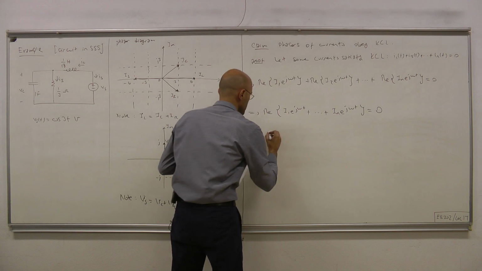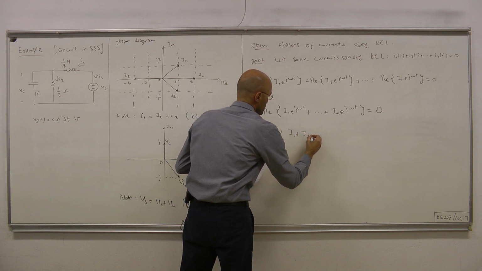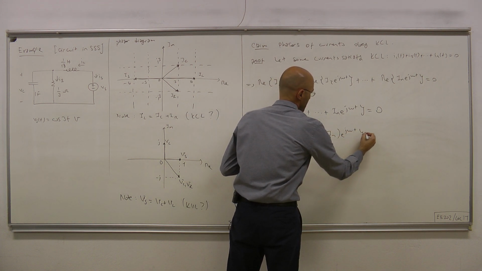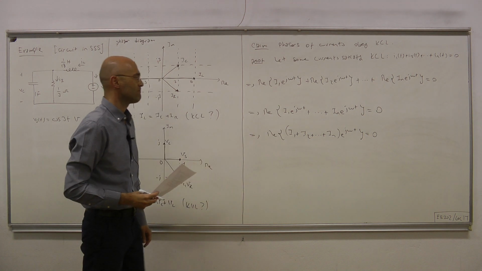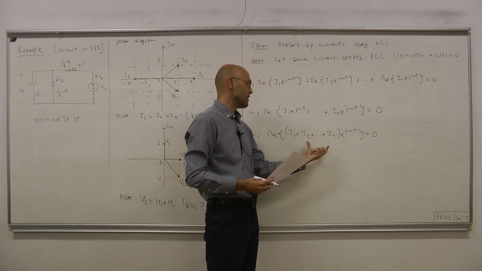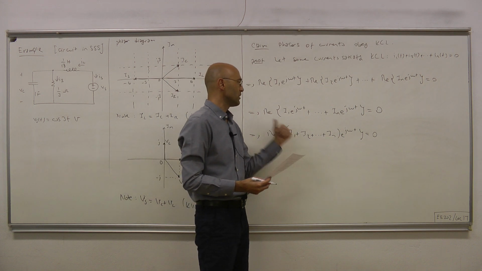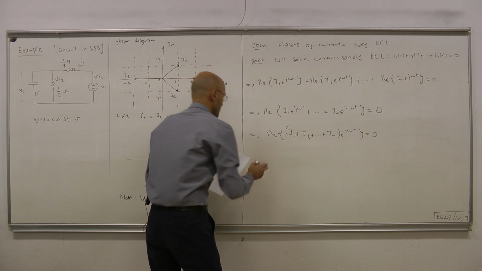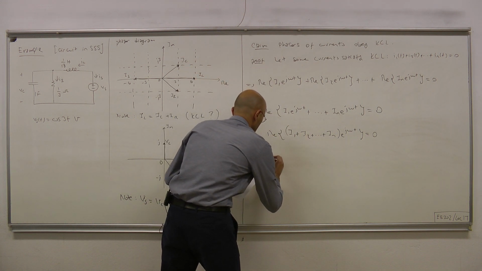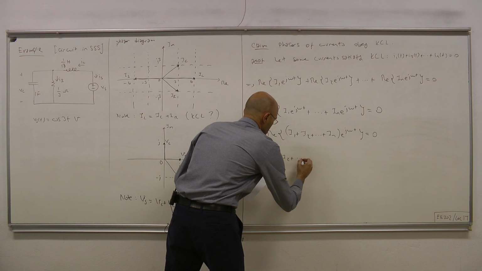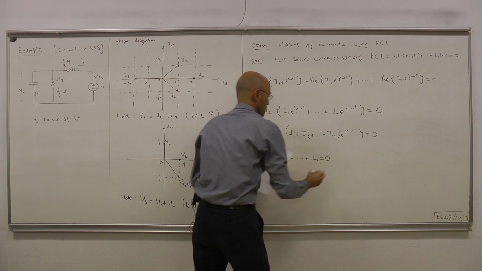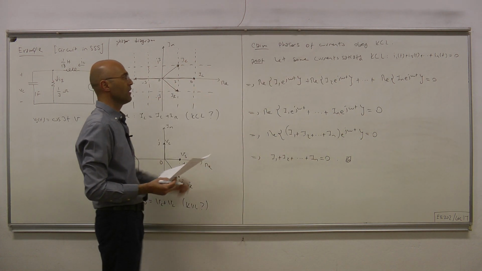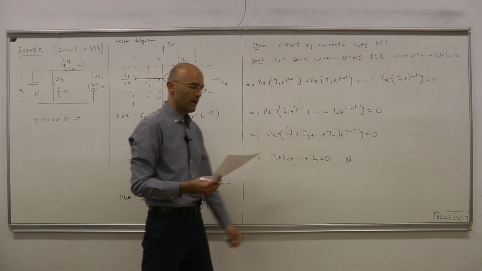And that can be written as the real part of (I1 plus I2 plus up to In) e to the j omega t equals 0. And from one of our identities that we have seen earlier, this is possible only if this thing is 0. So that yields I1 plus I2 plus up to In equals 0. So if the time domain signals satisfy KCL, then their phasors should also satisfy KCL.